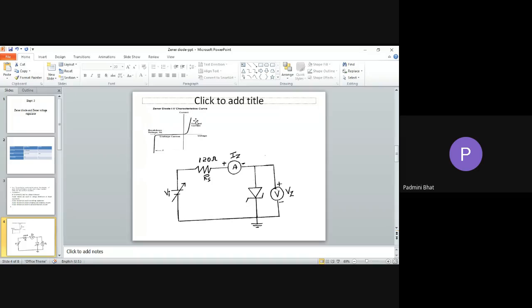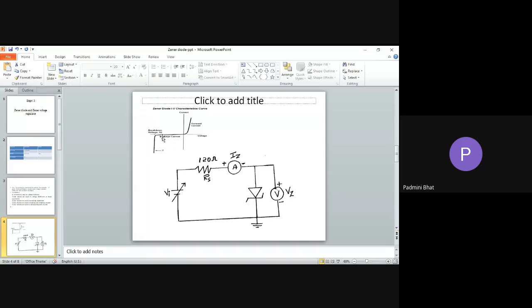So this is the forward biased characteristic. When the reverse bias voltage is applied, initially it allows only a small amount of leakage current until the reverse breakdown voltage occurs. This is similar to any other diode.